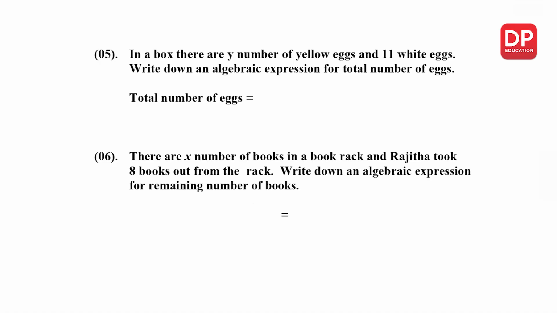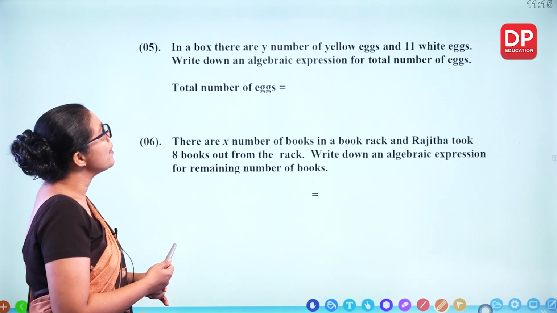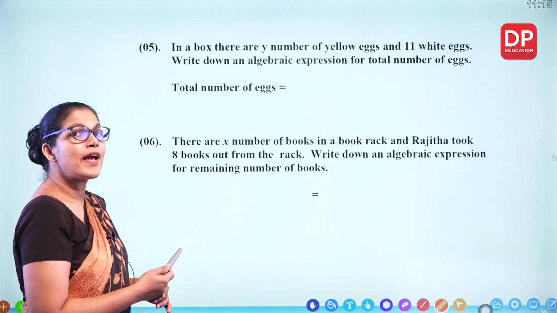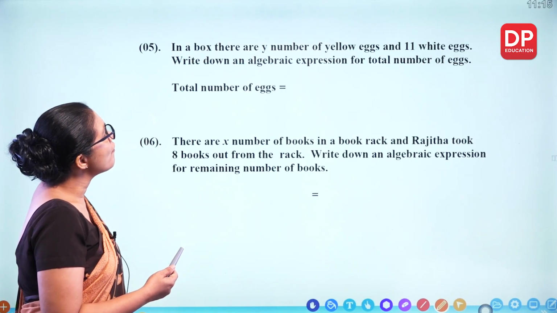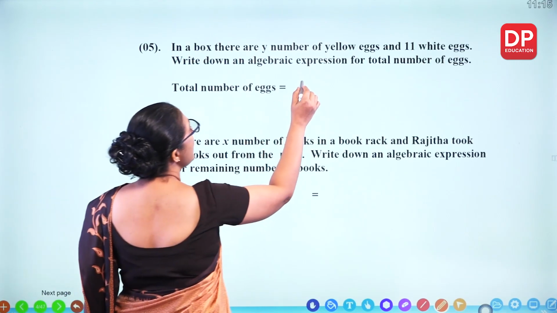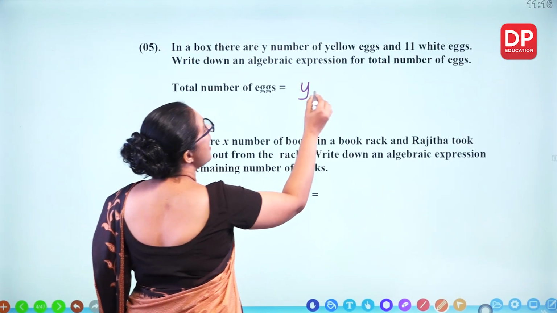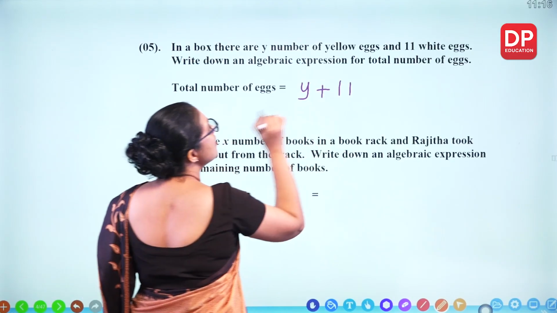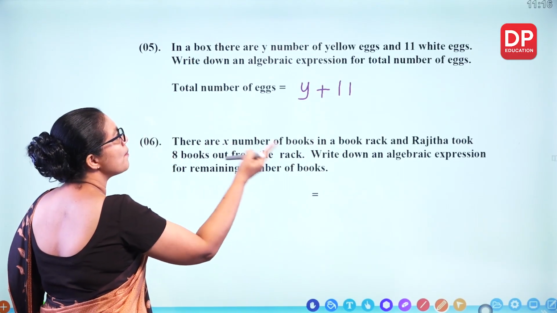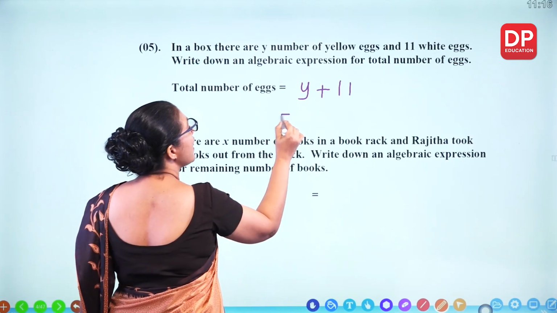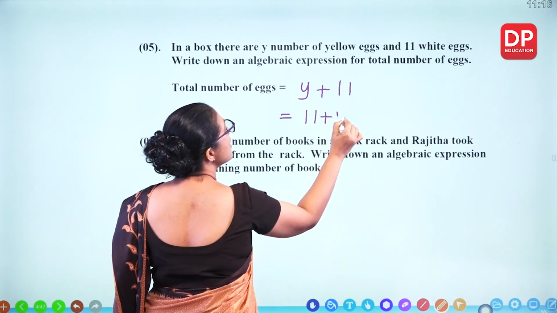Look at this one. In a box, there are Y number of yellow eggs and 11 white eggs. Write down an algebraic expression for the total number of eggs. Total number of eggs is Y yellow ones and 11 white ones. So Y plus 11, or I can write 11 plus Y.